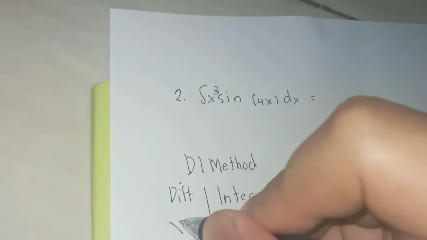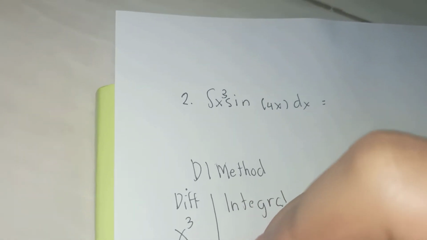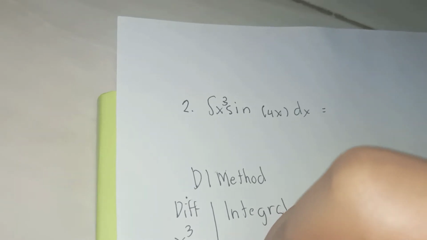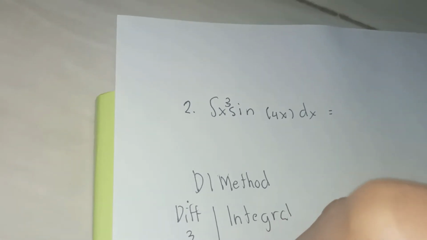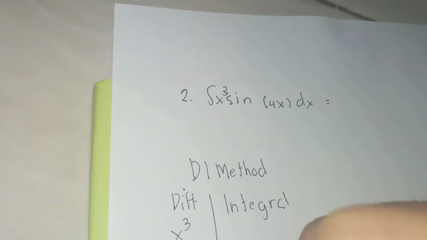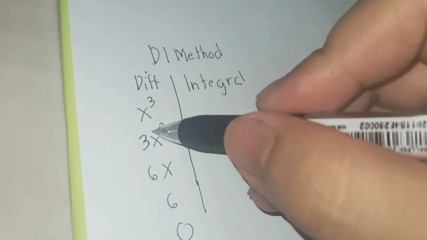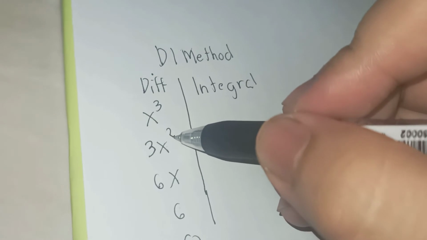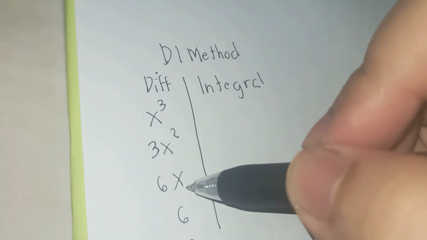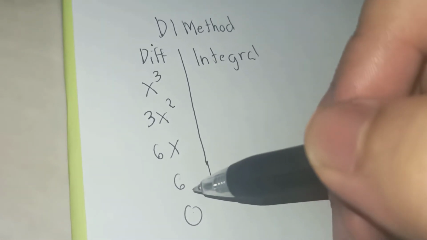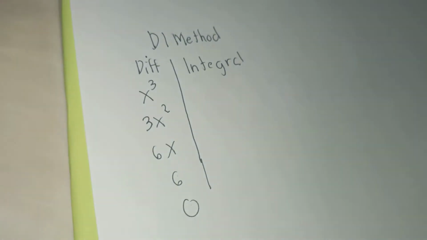So x cubed: take the derivative, x cubed will be 3x squared, the derivative of that is 6x, then 6, then 0. First, 3x squared, then 2 times 3 is 6x, the derivative of 6x is 6, and the derivative of a constant is 0.